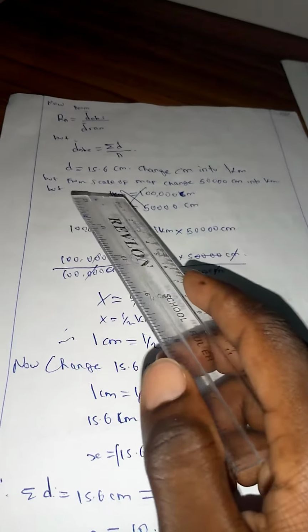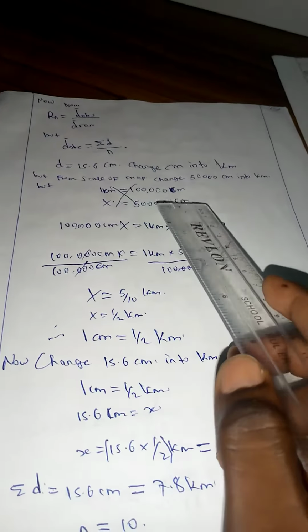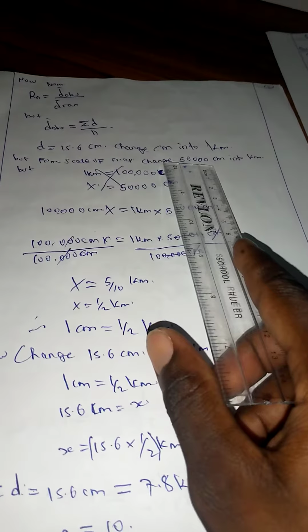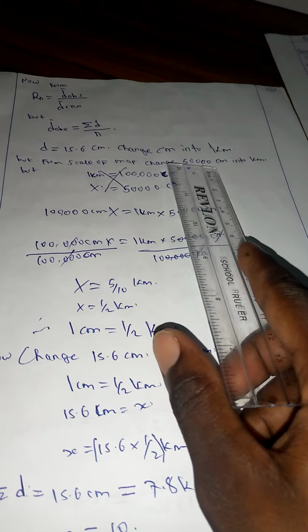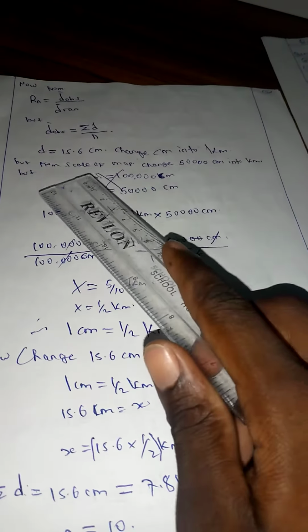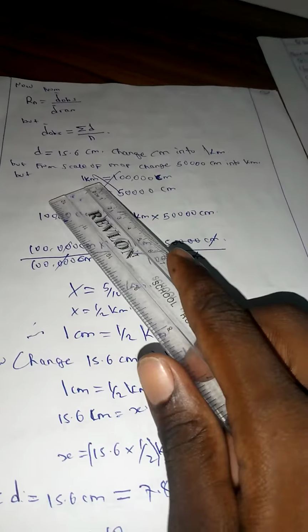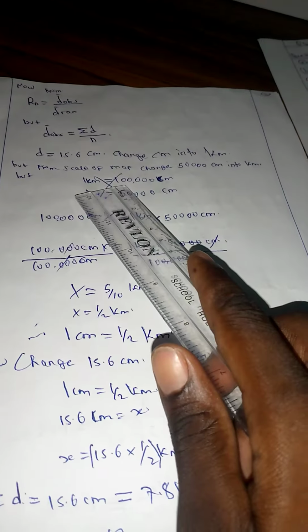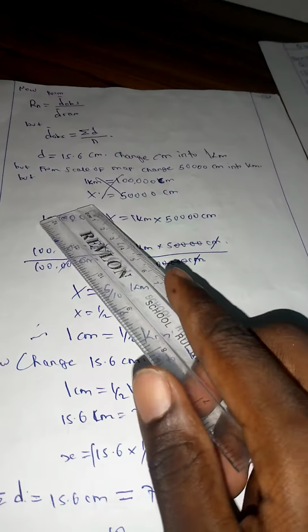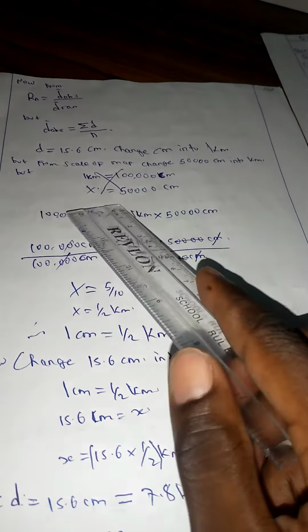But from scale of map, change this one, 50,000 centimeter into kilometer. But we know that 1 kilometer is equal to 100,000 centimeter.